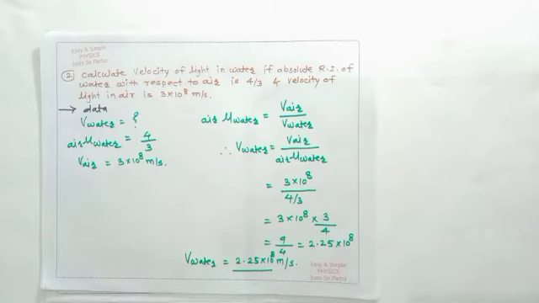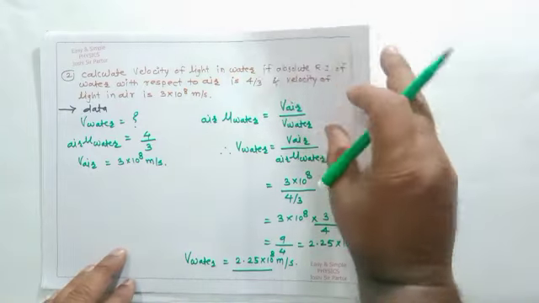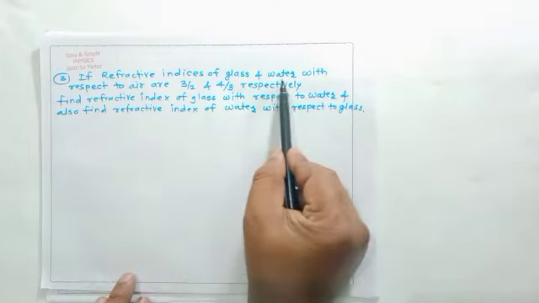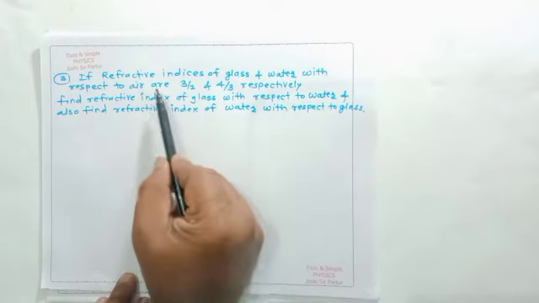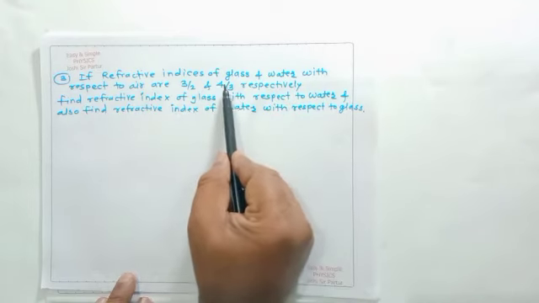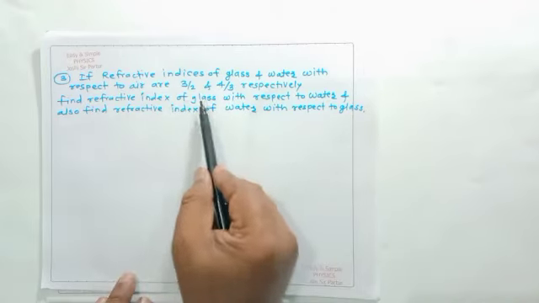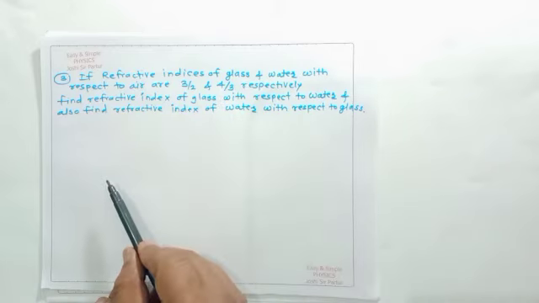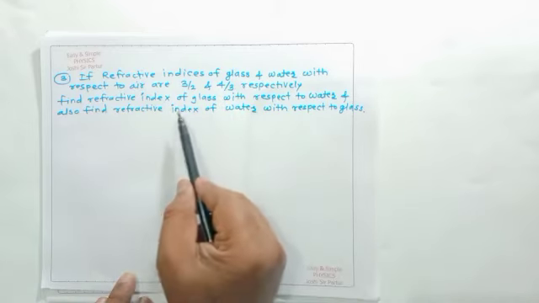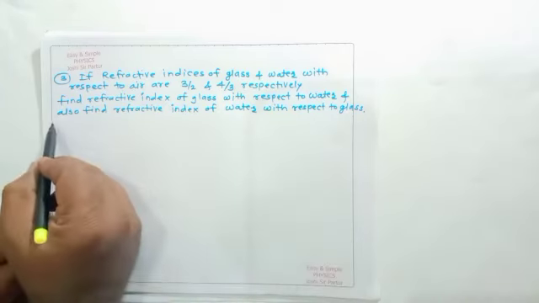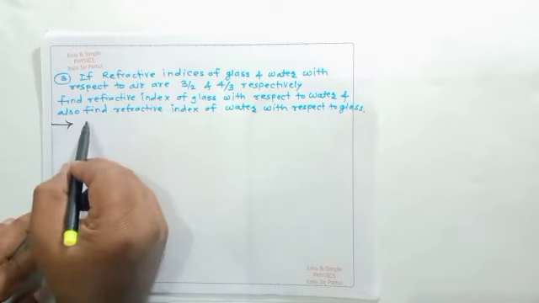So this is another example. See here, the third example will be: if refractive indices of glass and water with respect to air are 3 upon 2 and 4 upon 3 respectively, find refractive index of glass with respect to water, and also find refractive index of water with respect to glass. So here we can see the data.